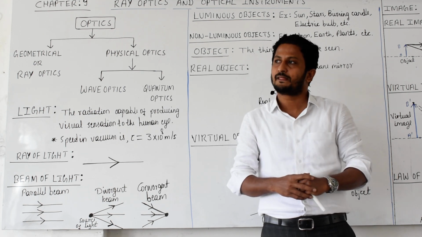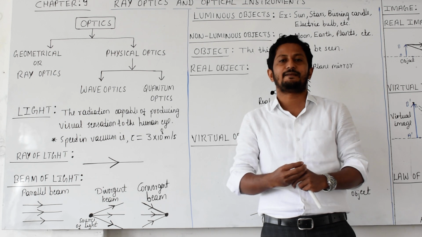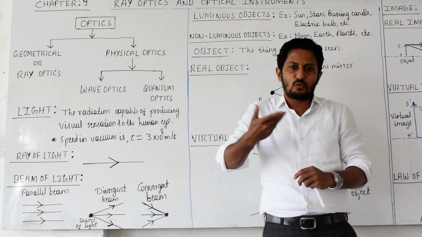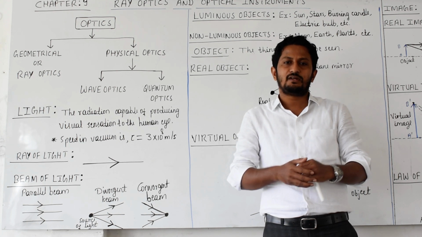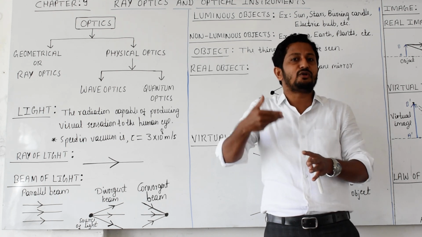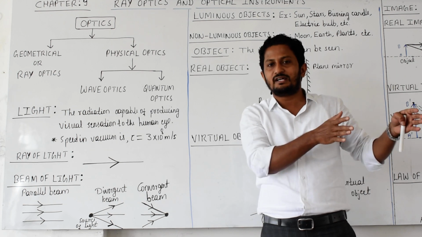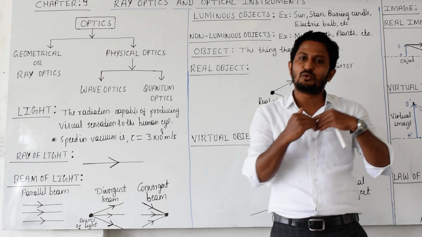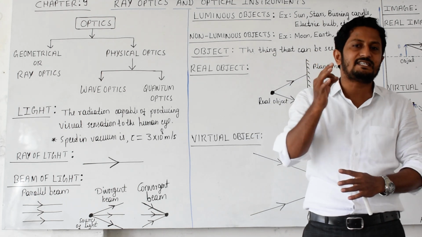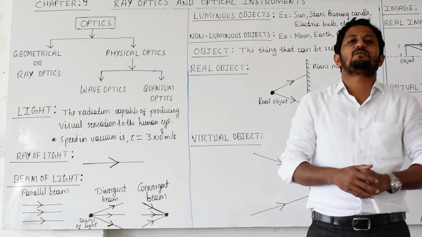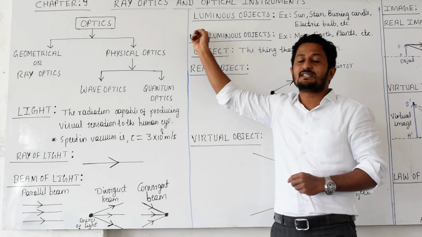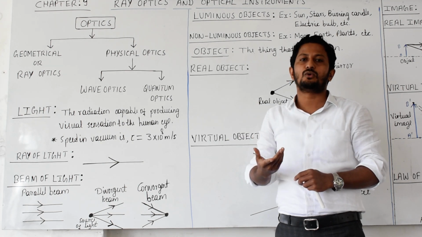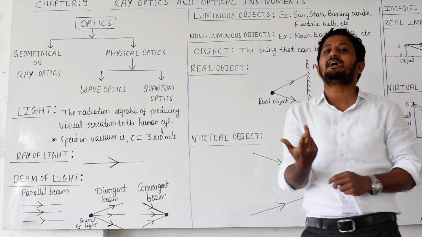See here what I mean. Luminous means it's going to shine. The objects which are going to emit their own light energy, such objects we call luminous objects.